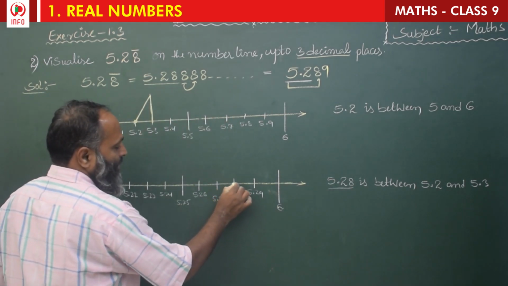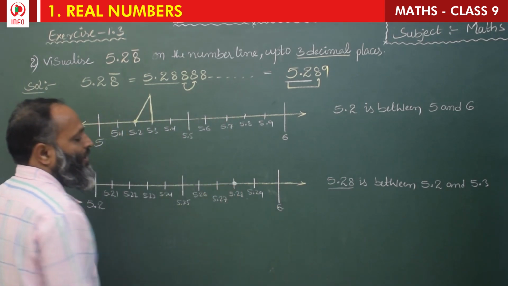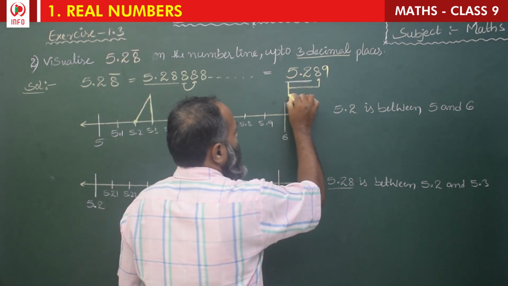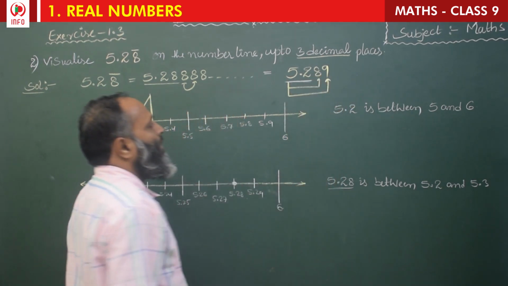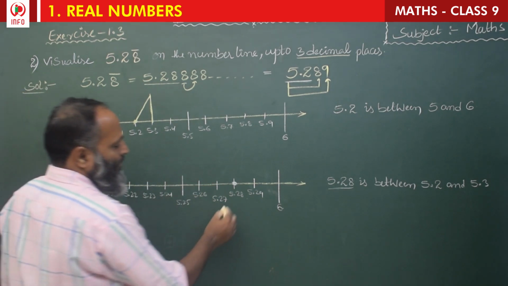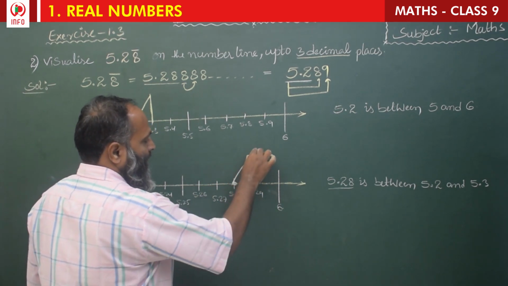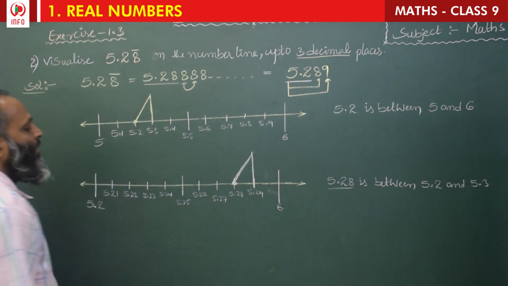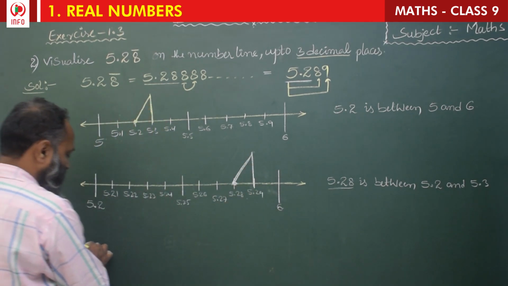Where is 5.28? Here we have 5.28. So now we need 5.289. 5.289 is in between 5.28 and 5.29. So in the next one.